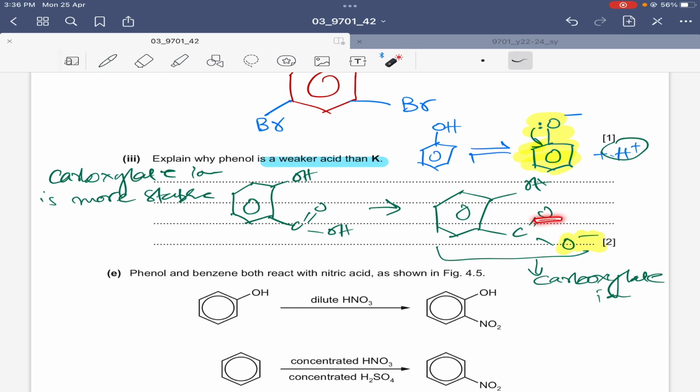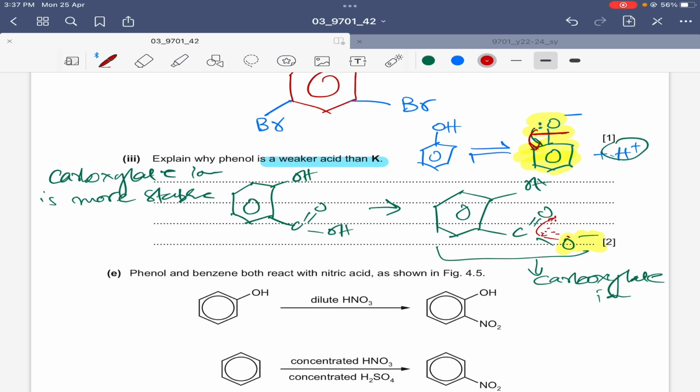So the pi electrons or the negative charge is delocalized between these two oxygens, equally delocalized. And in the case of phenol, although the lone pair of oxygen is delocalized with the ring, still oxygen is the most electronegative part of the structure.